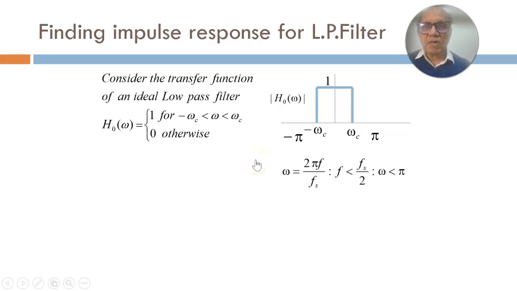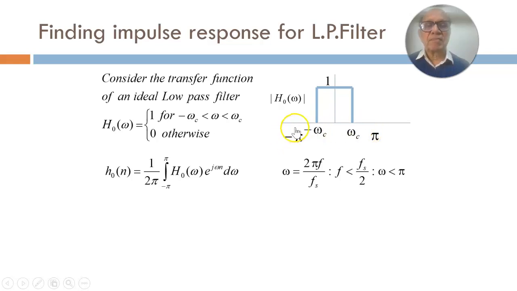Okay, now what is the equation for the inverse Fourier transform? Recall that it is 1 by 2 pi, integral from minus pi to plus pi of H naught of omega e raised to j omega n d omega. That is the equation. Now the range of minus pi to plus pi can be split into 3 parts: minus pi to minus omega c, then minus omega c to plus omega c, and from omega c to pi.